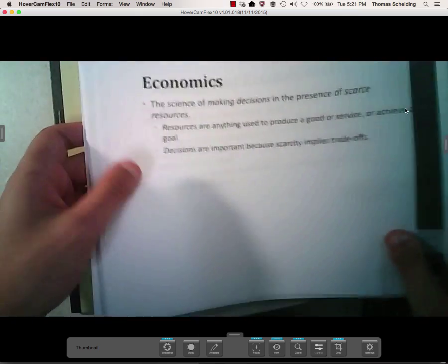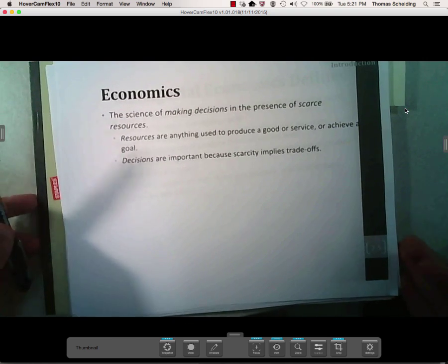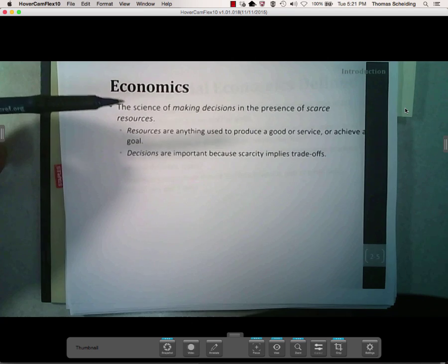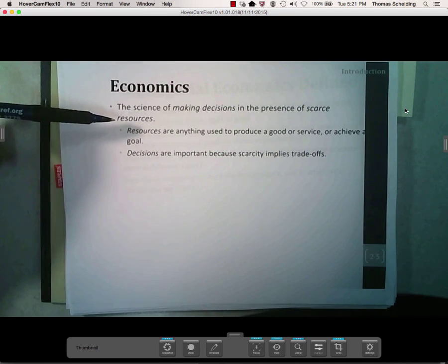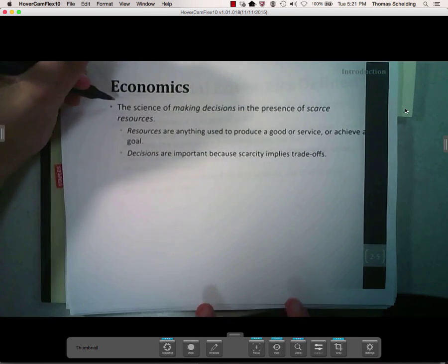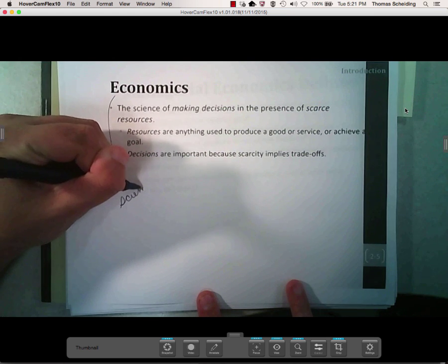But it's one that economists can add quite a bit to, because, just to remind you, economics is all about being a science of scarcity.